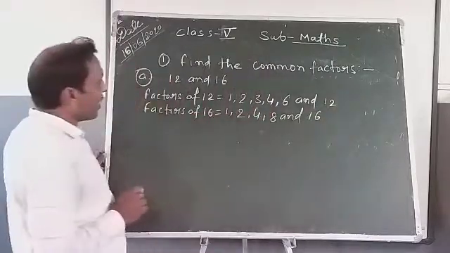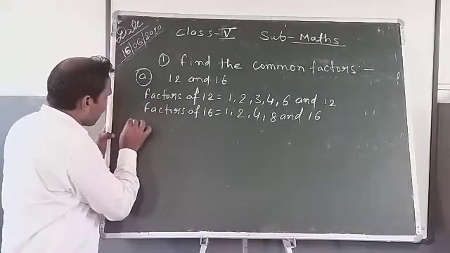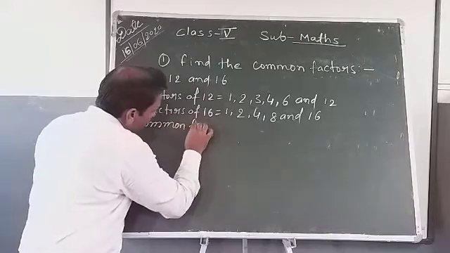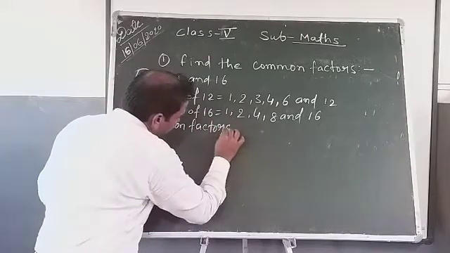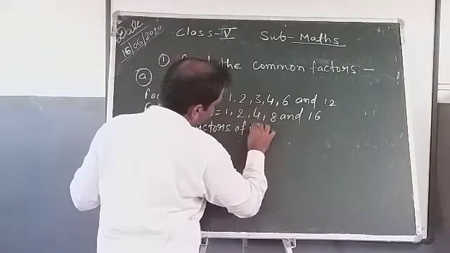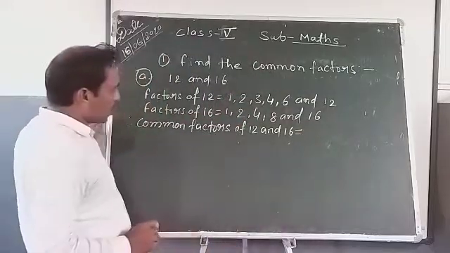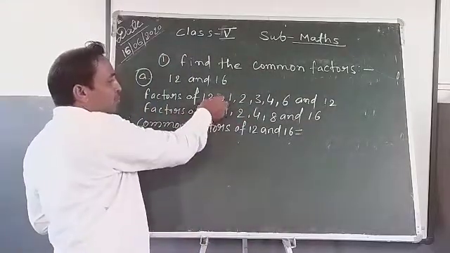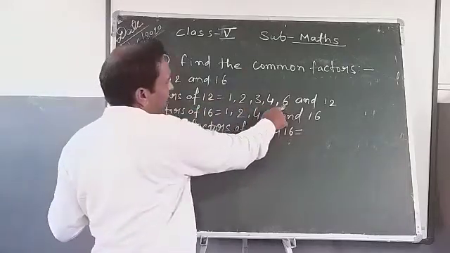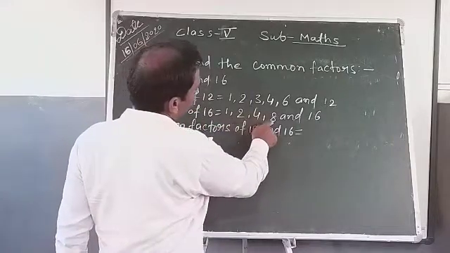Now the question is: find the common factors. Now you write the common factors of 12 and 16. You see which factors are common to both numbers. Factors of 12 are 1, 2, 3, 4, 6 and 12, and factors of 16 are 1, 2, 4, 8 and 16.